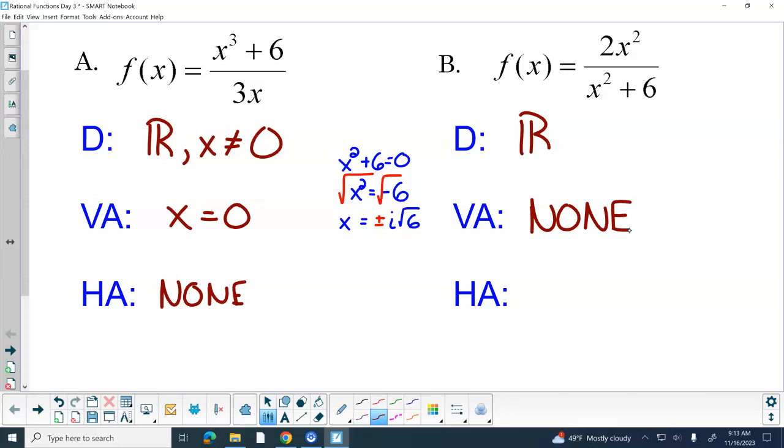If I put a negative number into that denominator, negative number squared is positive plus 6, positive, not 0. If I put 0 into that denominator, I get 0 plus 6, which is 6, and it's positive. Okay? So it's never going to be 0.